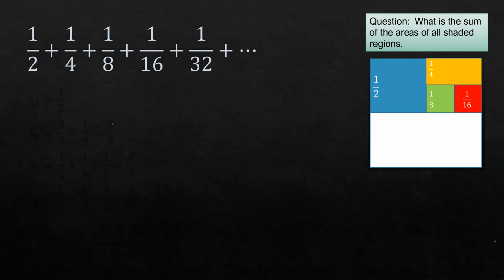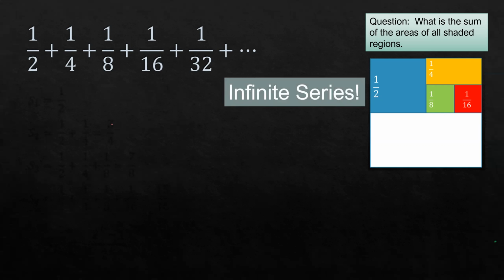It would be 1/2 plus 1/4 plus 1/8 plus 1/16 plus 1/32 and so forth. And that is what we call an infinite series. Okay, so the question here is asking, if you add up all of these shaded regions, are you going to get a number? And if you are going to get a number, what is that number? Meaning, is this series going to converge or diverge?